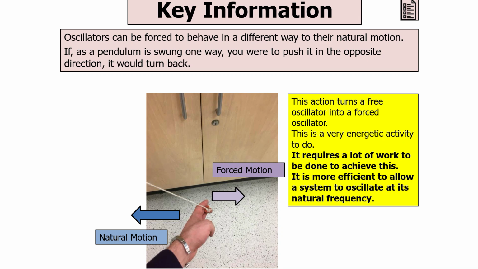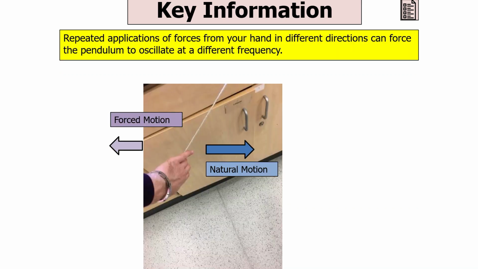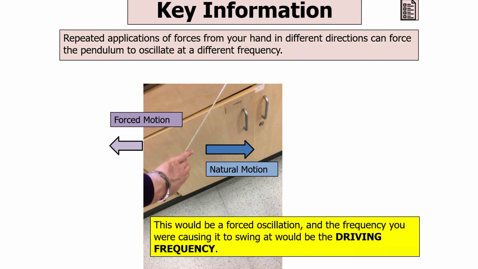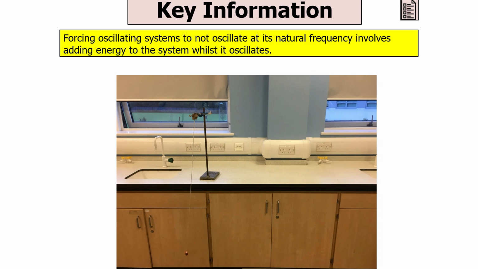It is more efficient to allow a system to oscillate at its natural frequency. Repeated applications of forces from your hand in different directions can force a pendulum to oscillate at a different frequency. This would be a forced oscillation, and the frequency you were causing it to swing at would be the driving frequency. So forcing oscillating systems to not oscillate at their natural frequency involves adding energy to the system while it oscillates.